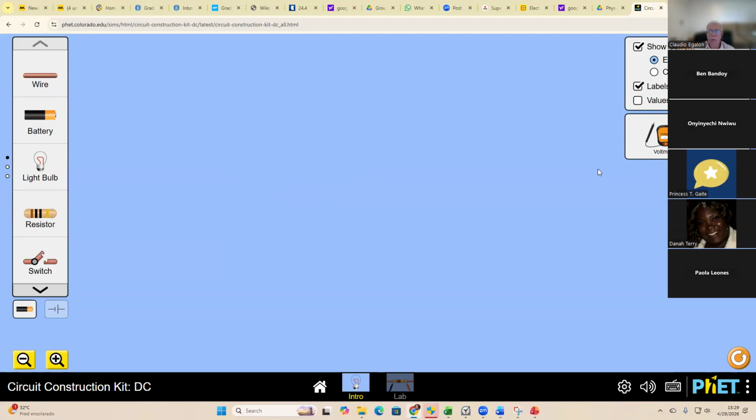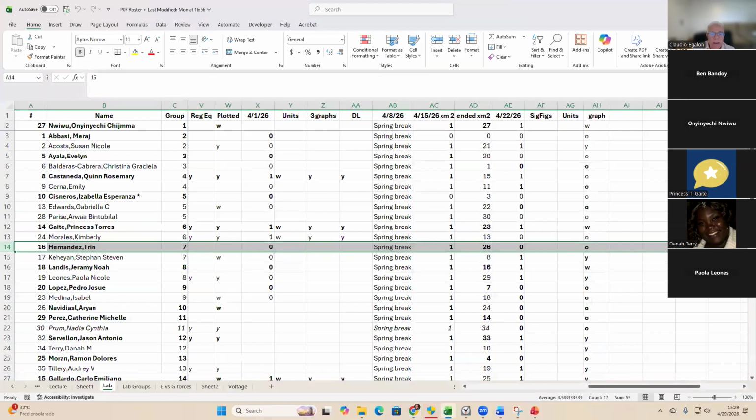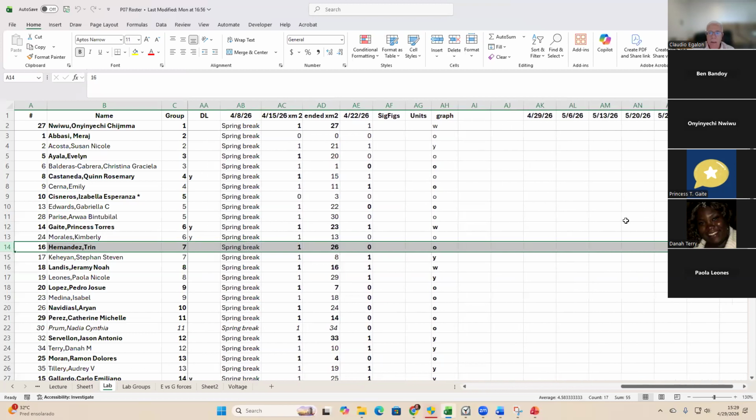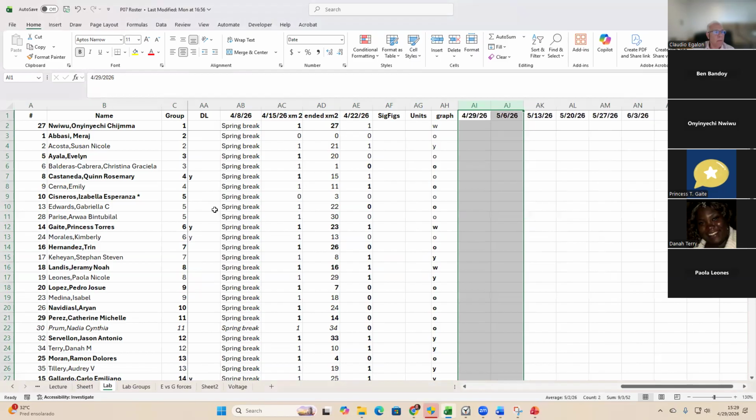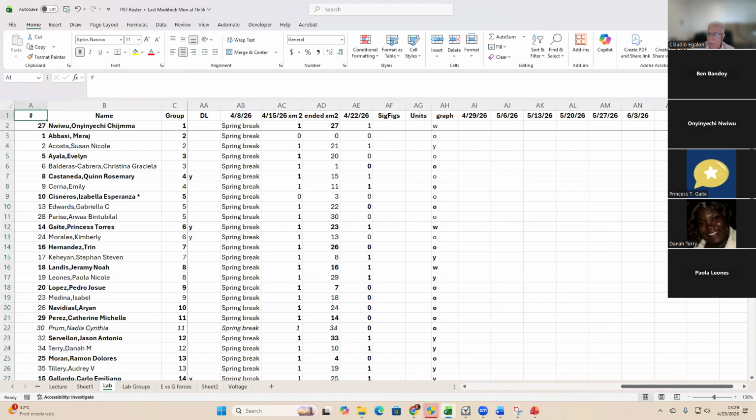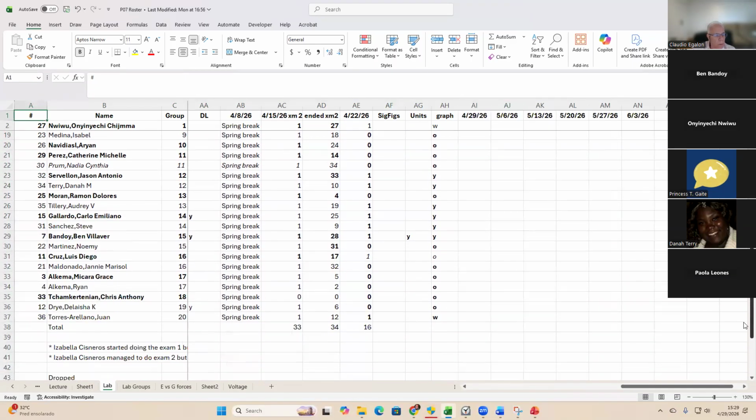Yeah, we do have the multimeter and the ammeter here. And here is my roster. Let me share.